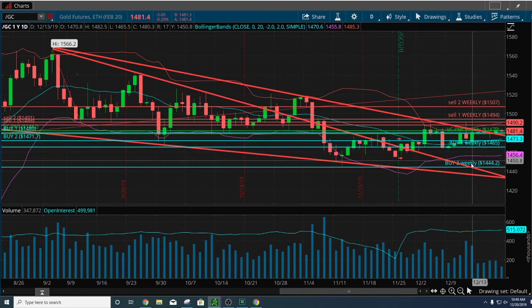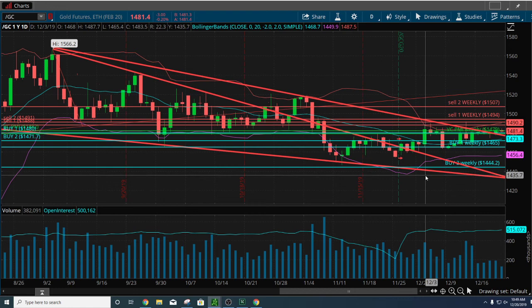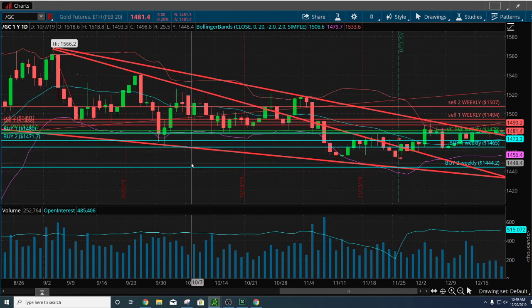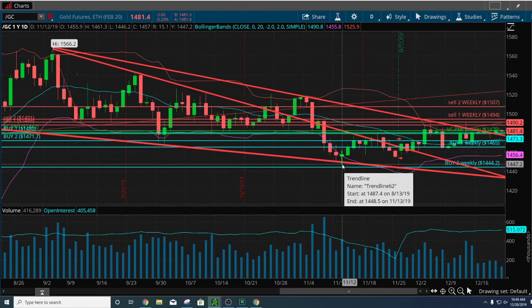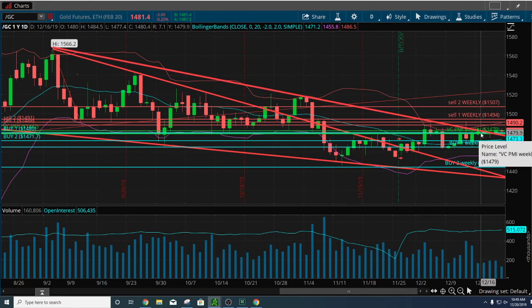I wanted to do this special report in the segment because what I wanted to point out to you is that not only have we reverted back from these levels of demand that the VC PMI identifies in blue, that give you a very high probability that if you buy down there, the market more likely will revert back up as it is doing.